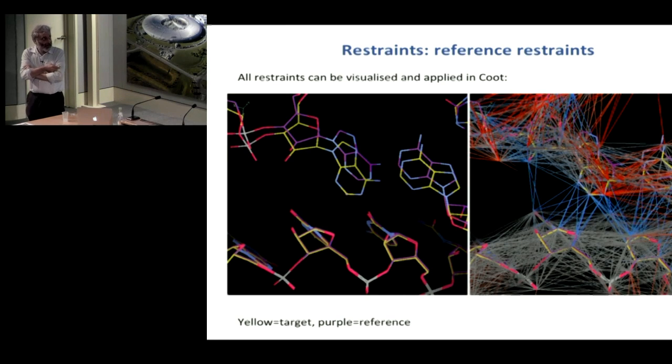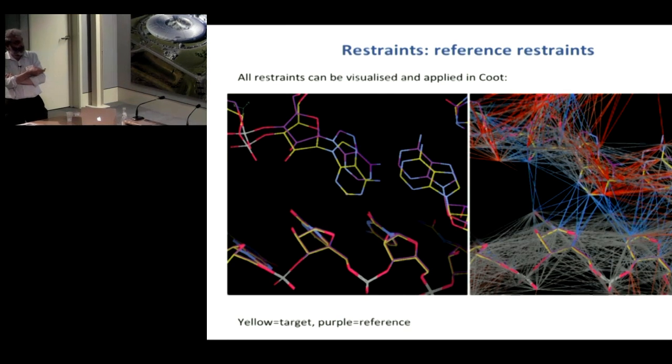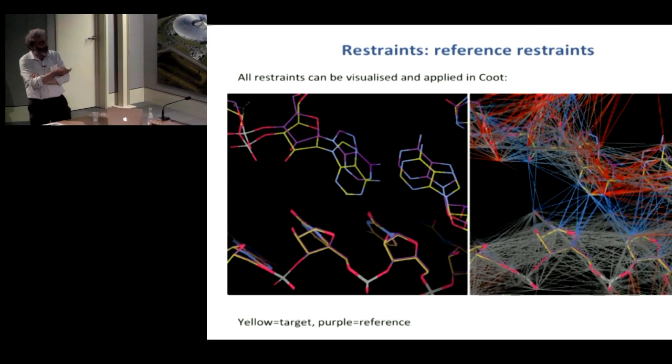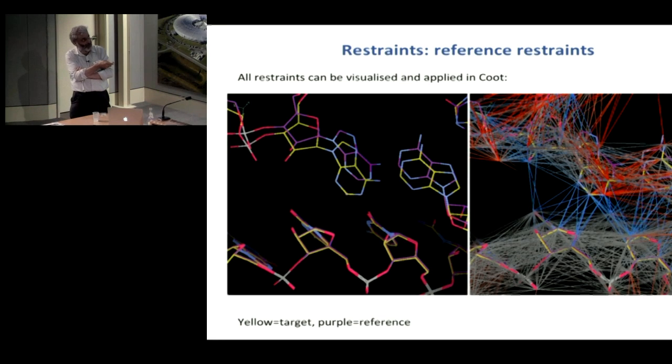And here, for example, we have a target structure we want to refine in yellow, and in purple we have a structure that we think is similar to what we are trying to refine. So then non-bonding interatomic distances from a reference structure are taken and mapped to the target structure we are trying to refine.